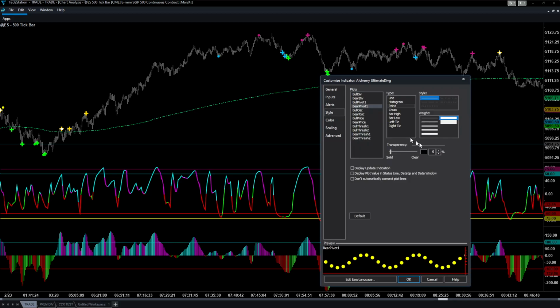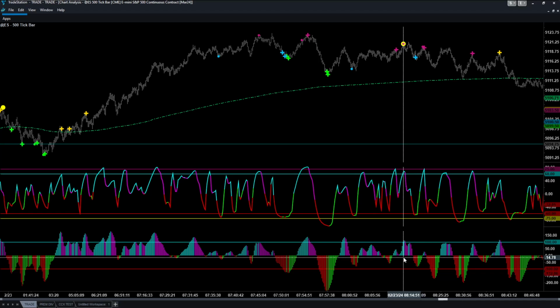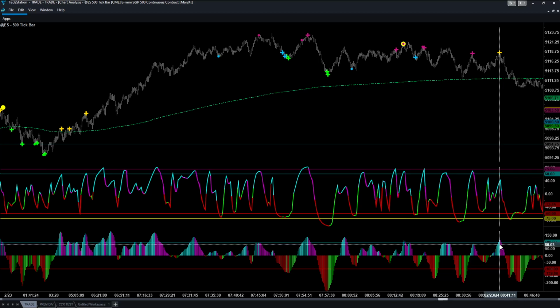Oh, there it is. Okay. All right. So let's look at the CCX. CCX breached the threshold that we had set up for 100. There it is here. Lower high here. Higher high on the CCX. That's why you've got that.